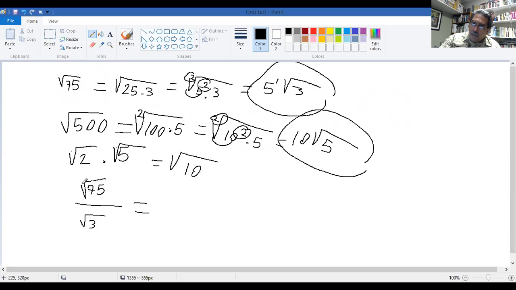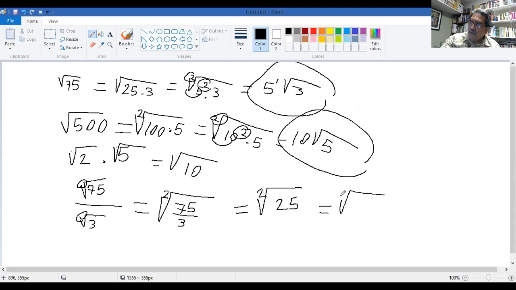Again, the roots are the same, so I can write this as one radical sign and divide 75 by 3. 75 by 3 is equal to 25. So we are getting a square root of 25. 25 is 5 to the power of 2. Now this 2 gets divided by this 2, and the 5 comes out. So you get 5. This is your answer, 5.